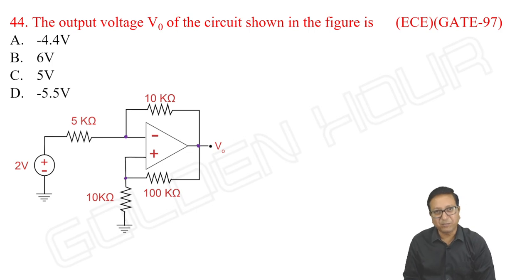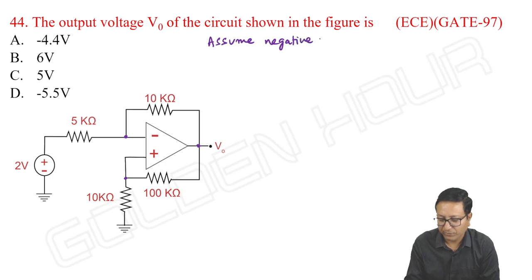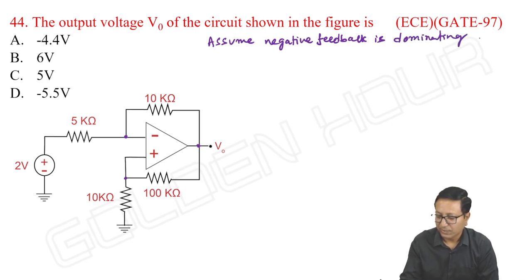By default what we take is negative feedback is dominating. Whenever you see an op-amp circuit with both positive and negative feedback, what we do, assume that negative feedback is dominating and gain is anyway infinity, so that we can apply virtual short. So assume negative feedback is dominating and apply virtual short.